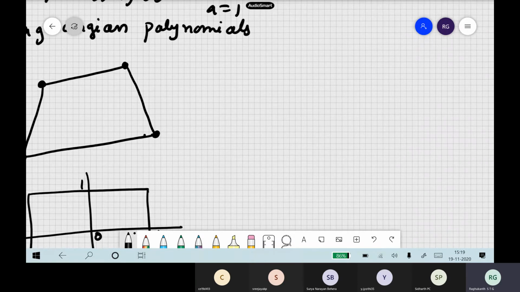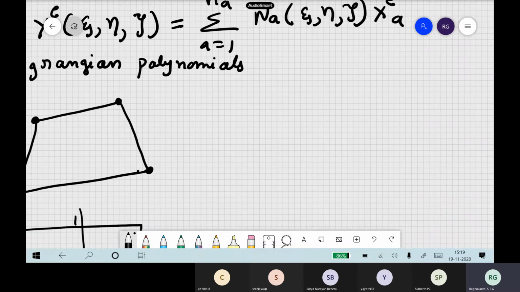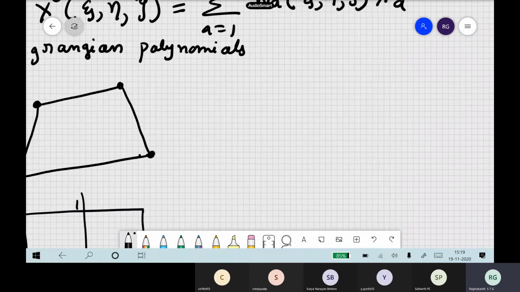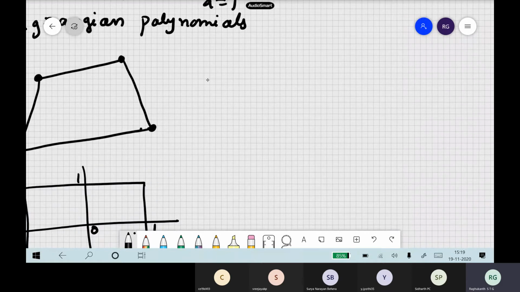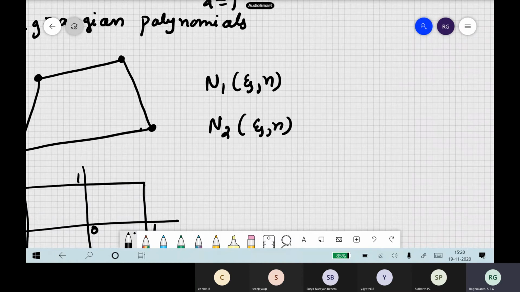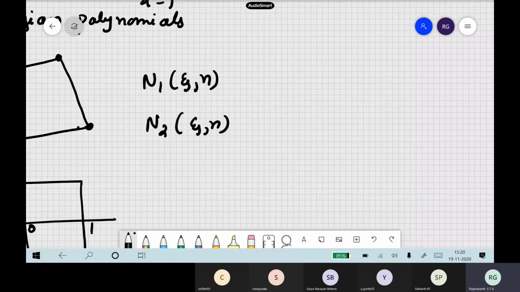Now when there are 4 nodes in 2 dimensions, how many shape functions will there be in the summation? We have n1, n2, n3, and n4.